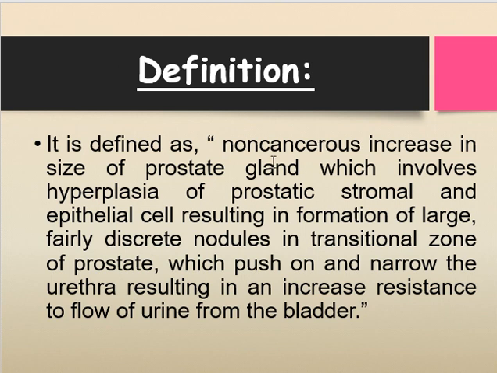So it is just a benign tumorous growth or a lump, an enlargement of the prostate gland, which involves hyperplasia of the prostatic stromal and epithelial cells. So the cells inside the prostate gland increase in number, and this results in the formation of large, fairly discrete nodules in the transitional zone of the prostate.